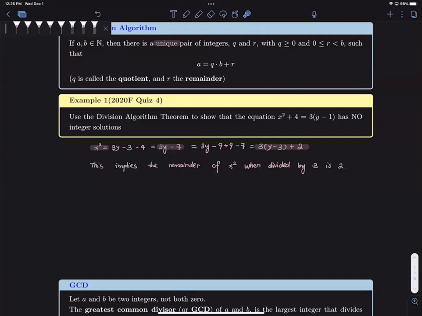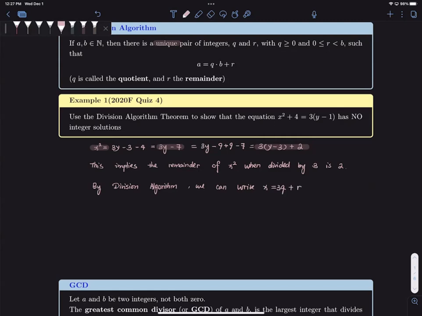By the division algorithm, we can write x equal to 3q plus r, because I want to divide by 3.